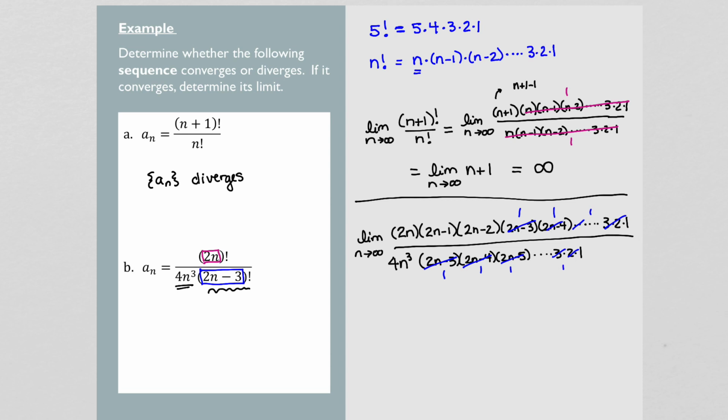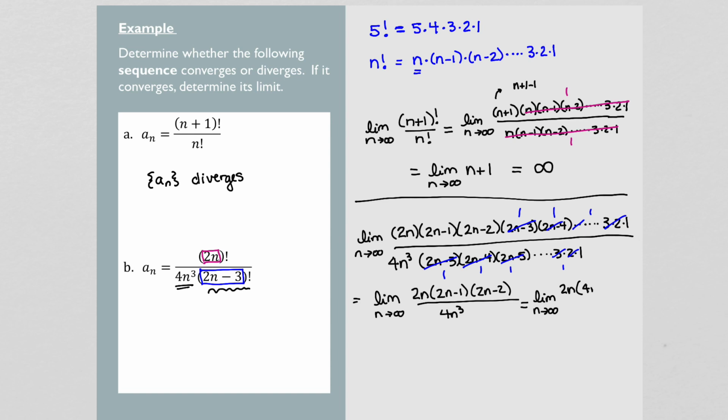And what does that leave us with? This is the limit as n goes to infinity of, in my numerator, 2n, and then 2n minus 1, and then 2n minus 2, over 4n cubed. If we want to, we could multiply out the top. There is a short way, but I'll multiply the top out to show you.